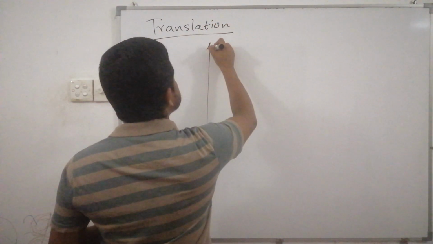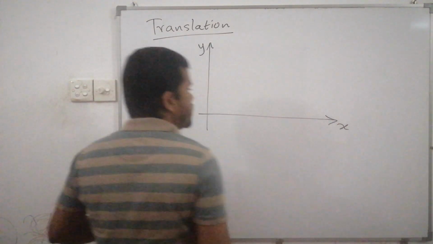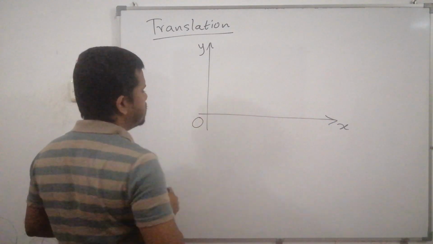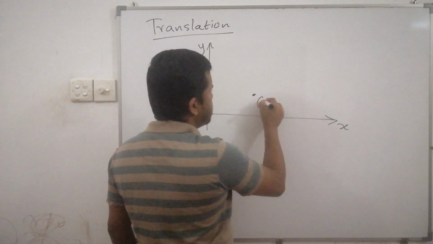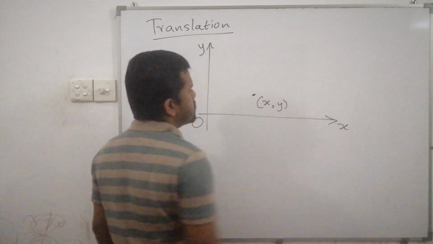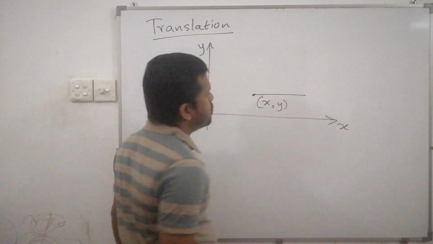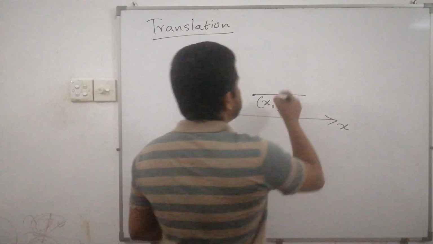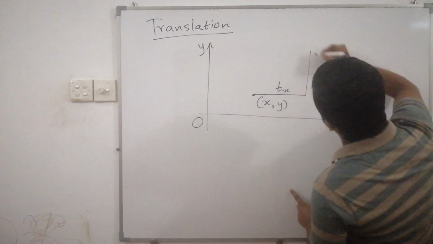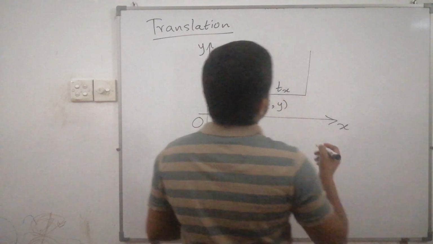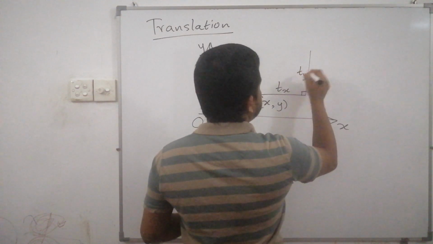So, this is the y-axis and this is the x-axis. Here we have the origin. Let's consider the point with coordinates x comma y. This point is moved along the positive direction of the x-axis by an amount of tx and along the positive direction of the y-axis by an amount of ty.